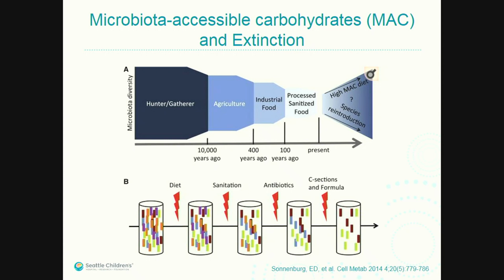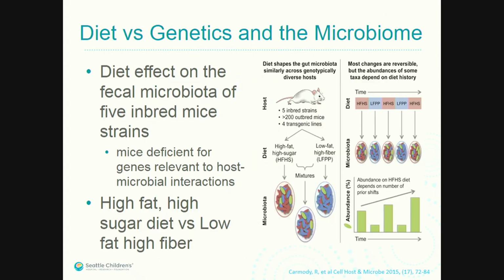And they came up with this hypothesis that over time, over the last 10,000 or so years, we've probably had a number of microbial extinctions based on the foods that we are eating. Again, the more industrialized, the more processed the foods, the less diverse the individual's microbiome.